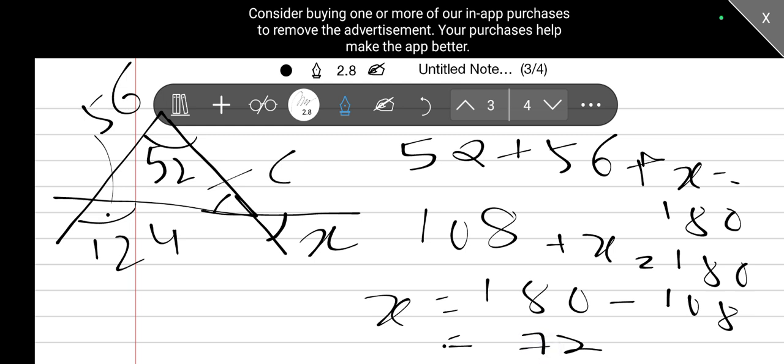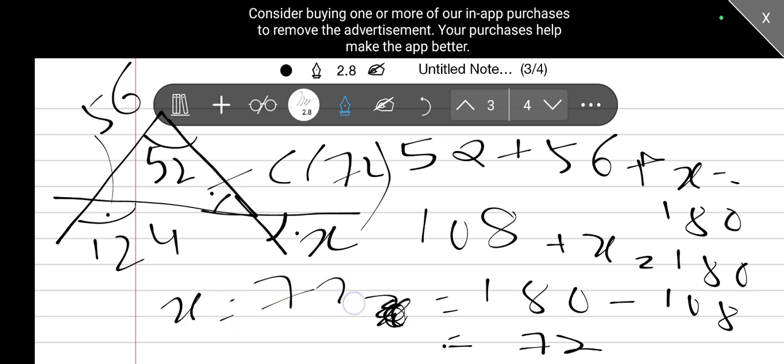Now the value of, this is not x, the value of c. The value of c is 72. Now we got this value as 72. Now we have studied that these two angles are vertically opposite angles. So the value of x will be equal to 72.